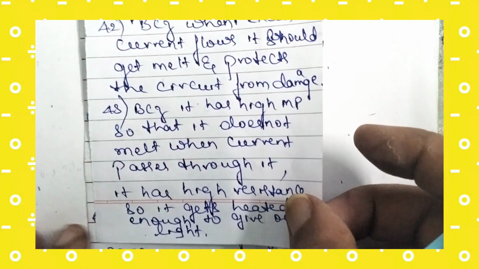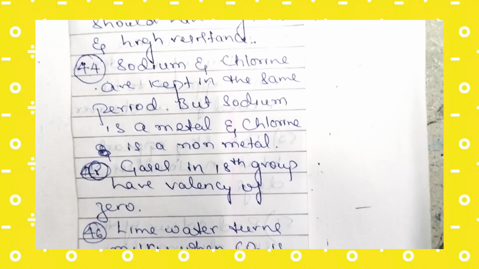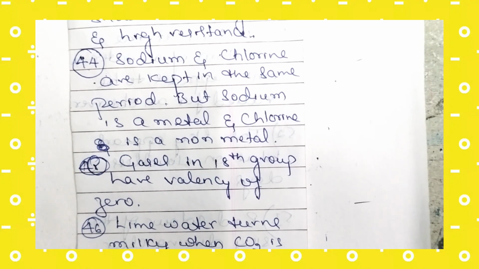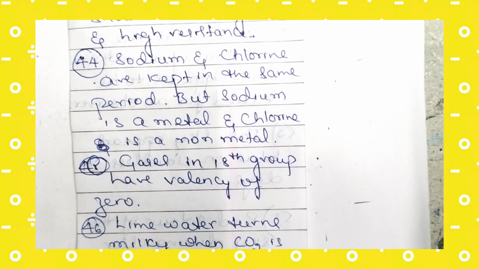So this is the answer for the 43rd question. Now let us move to question number 44. That is, sodium and chlorine are kept in the same period, but sodium is a metal and chlorine is a non-metal. They are kept in the same period.